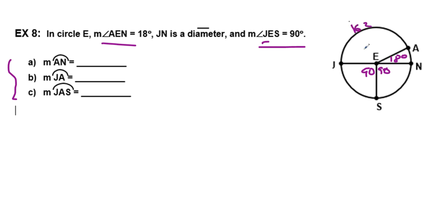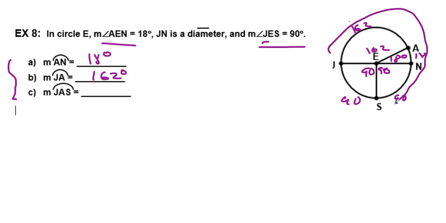So this is 162. Okay? This is 18, 90, and 90. So now you come back over here and start filling everything in. You got 18 degrees for this. JA, this minor arc right here is 162 degrees. And JAS, we went all the way around, is 270 degrees. Okay? So moving on.